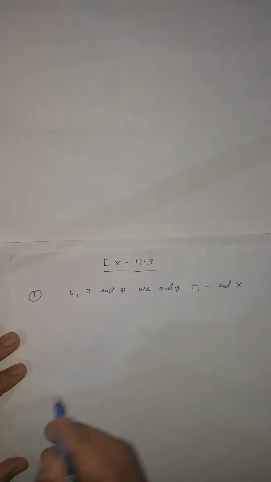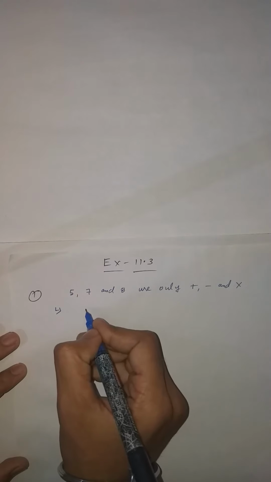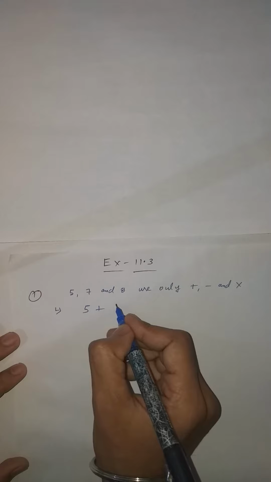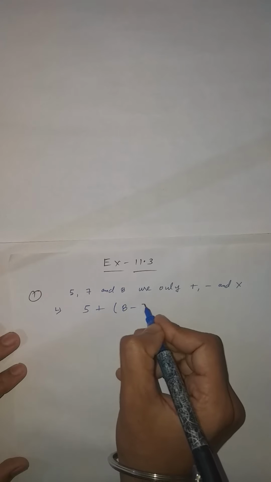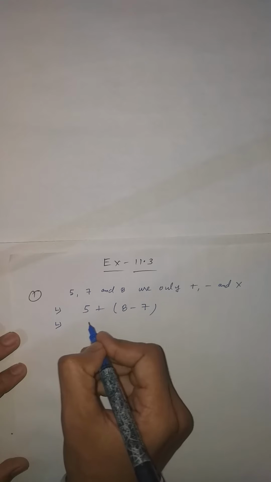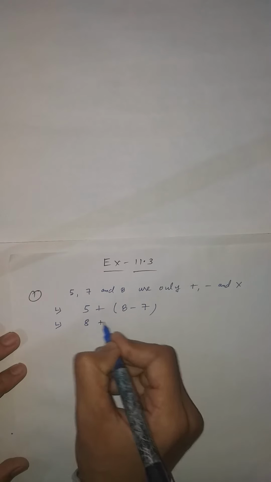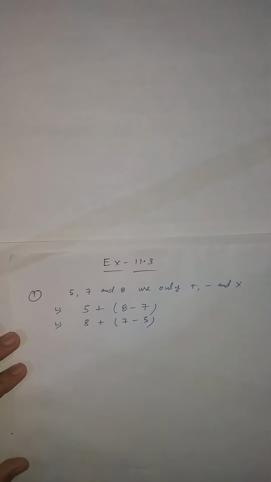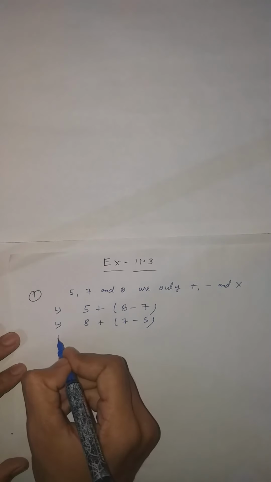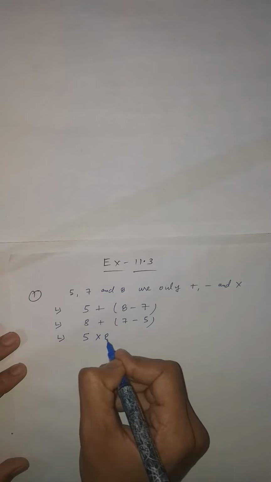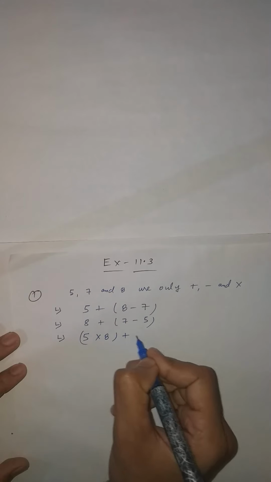Clear, student? So now you can find, first you can write down 5 plus 8 minus 7. Clear, student? Another you can write down is 8 plus 7 minus 5. Another, 5 into 8 plus 7.